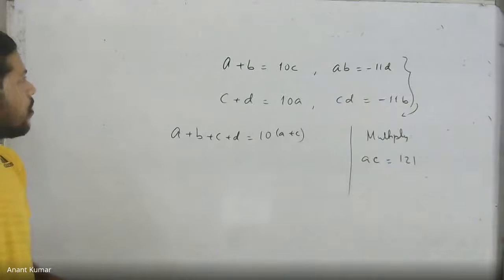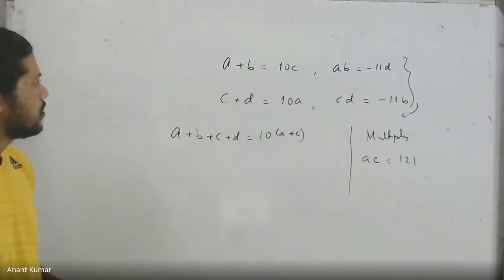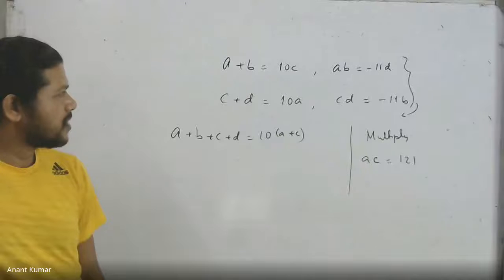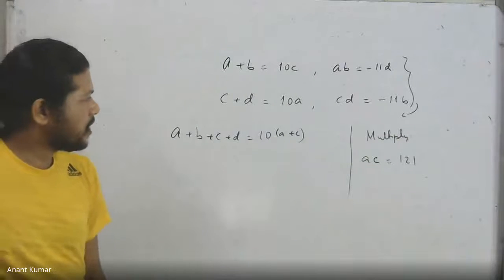Okay, if I square the first equation... Sir, you can add, AB plus CD is equal to minus 11 times B plus D. Sir, you can add both the sets, and then we can substitute BD from the first set in the second set.